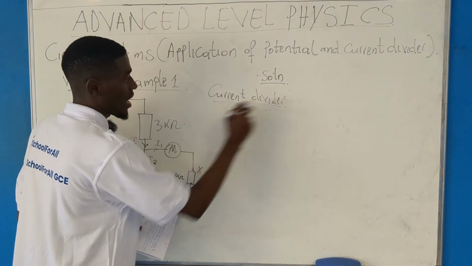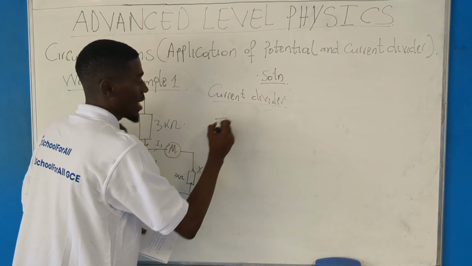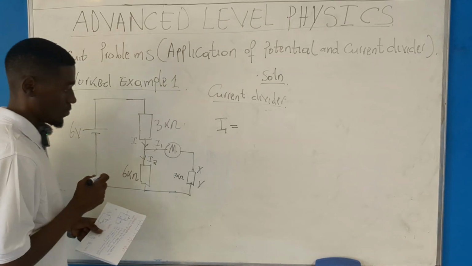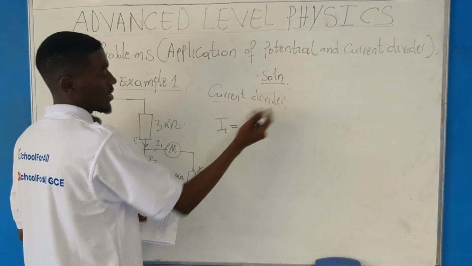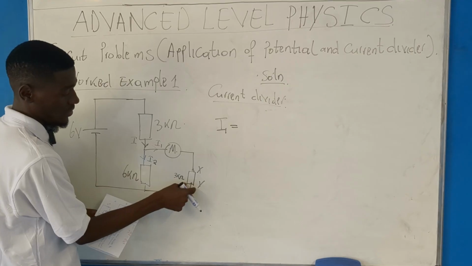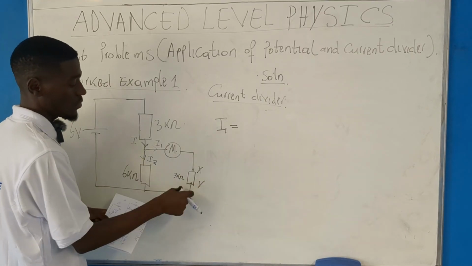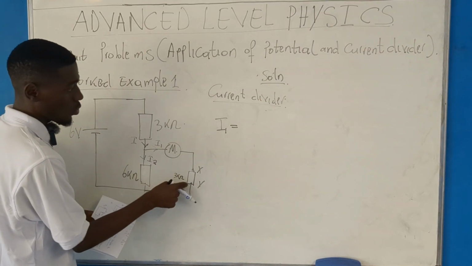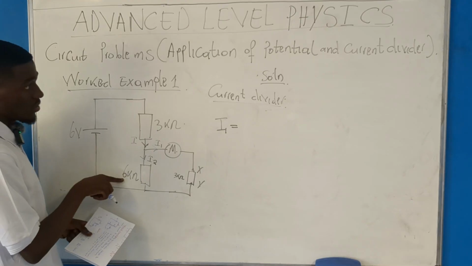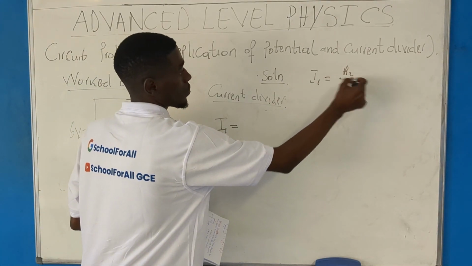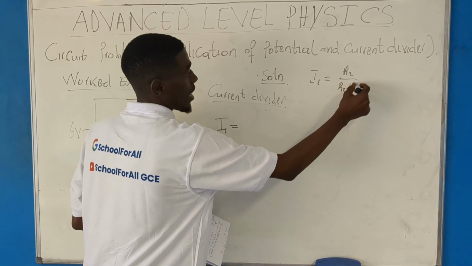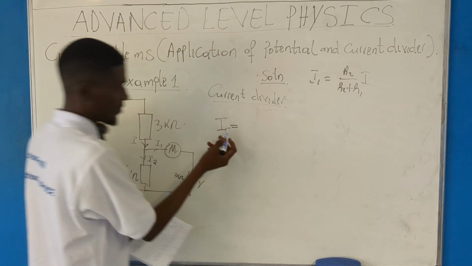It means that by applying current divider, my I1 will be simply equal to, now remember when you're talking about current divider, rather than starting with its own resistor, or let's say with the resistance 3 kilo ohm, I will first of all start with the 6 kilo ohms. Remember, when I have I1, I take R2 over R2 plus R1 times I. It's the same thing I will apply here.